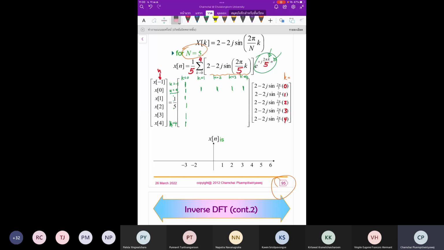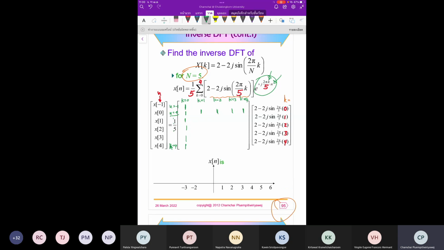And for this term here, it's not 0, it's going to be e to the power of j 2 pi, where k is 1 and n is negative 1, over 5. So it's e to the power of negative j 2 pi over 5.